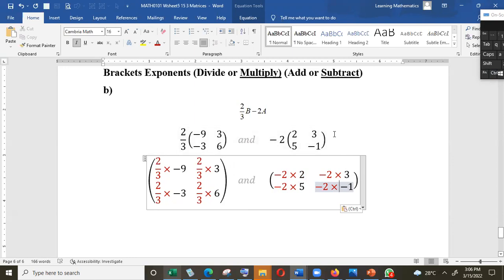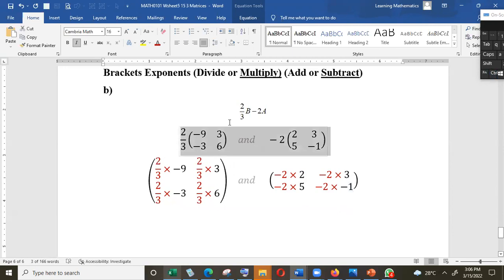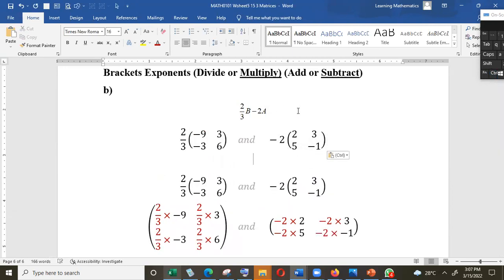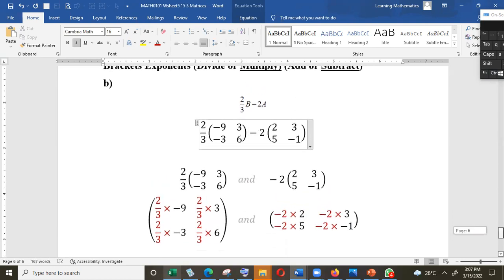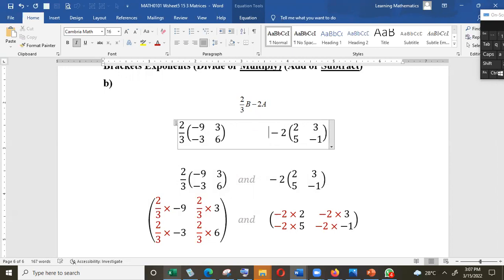All right, you may see it like that. That's how you're going to see it. What you need to do, you need to comfortably look at this and say, okay, well, this is 2/3 times this matrix there, and -2 times this matrix there.